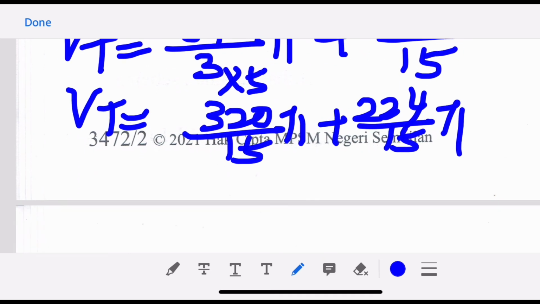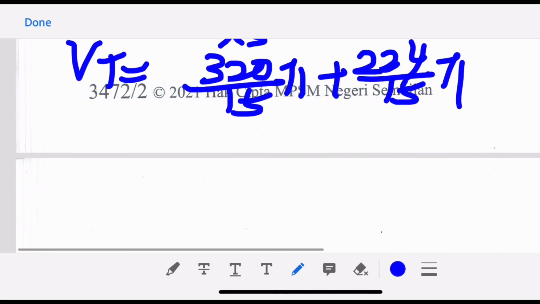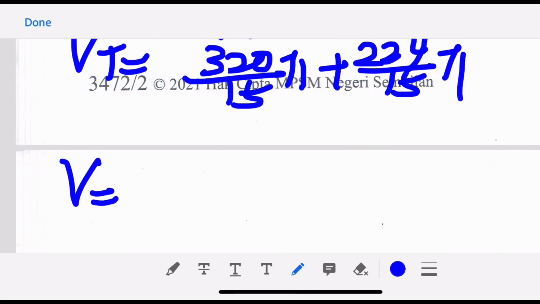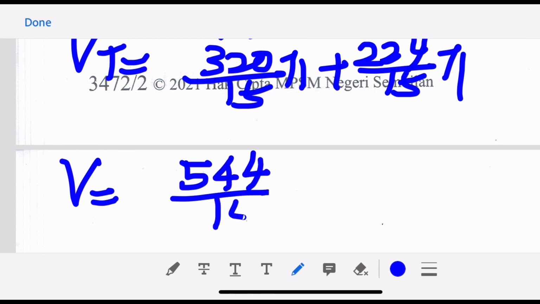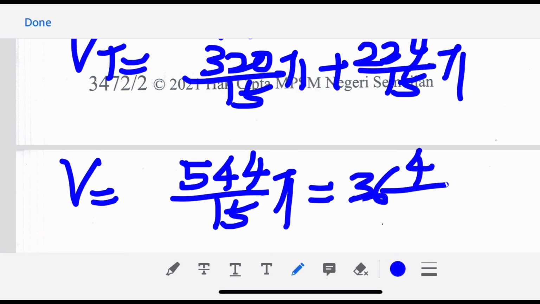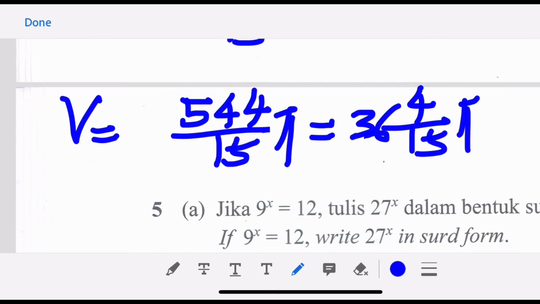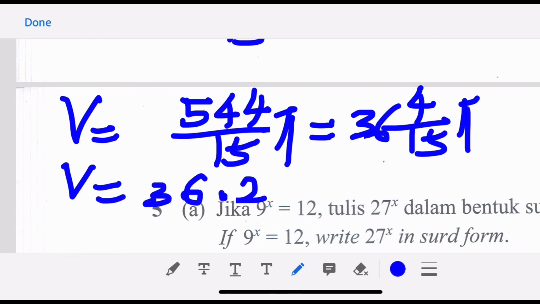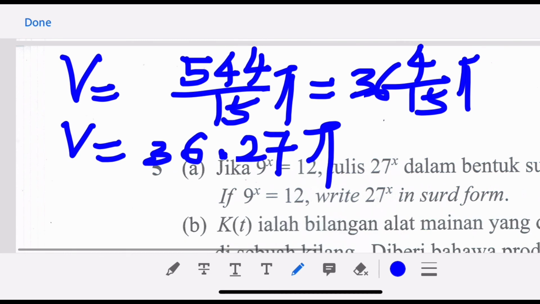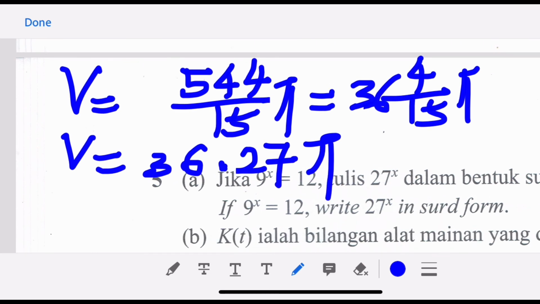So finally our answer for the volume is equal to 544 over 15 pi, or you can write the equivalent 36 4 over 15 pi, or maybe you can give the answer to 4 significant figures, 36.27 pi. The answer must be in terms of pi.